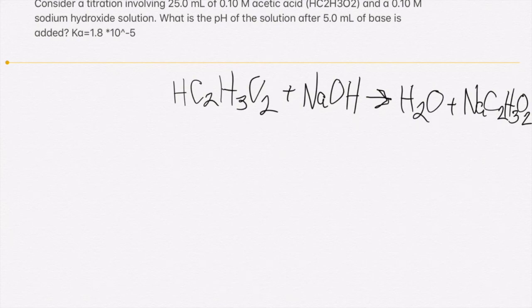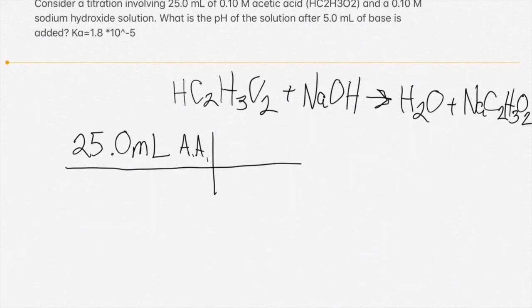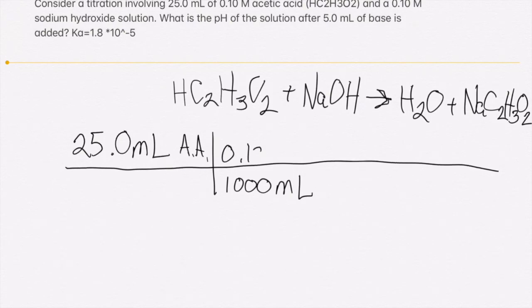Initially we had 25 milliliters of our acetic acid, which is going to be AA here, and it has a molarity of 0.1 molar. That is, for every 1 liter or 1,000 milliliters, I have 0.10 moles.